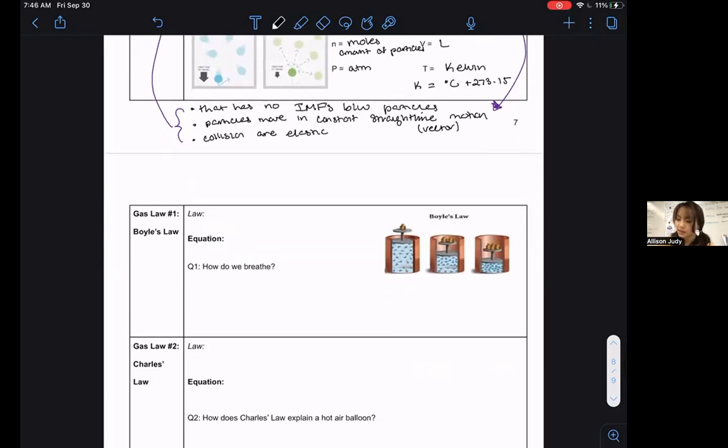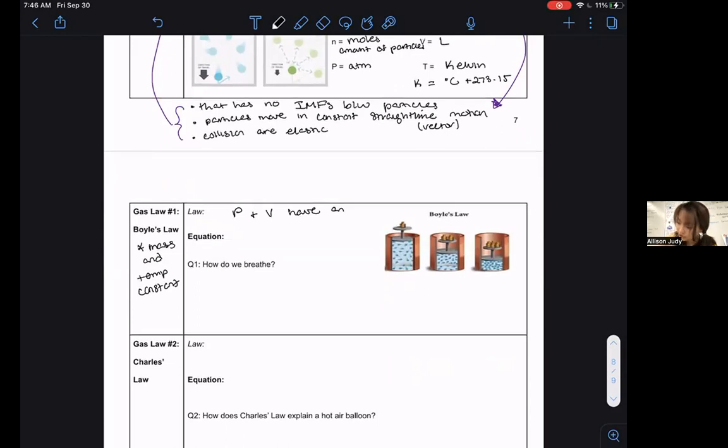So Boyle's law tells us that when you have mass and temperature constant, then pressure and volume have an indirect relationship. That means that in our equation, the pressure times the volume in one condition equals the pressure times the volume in another condition.